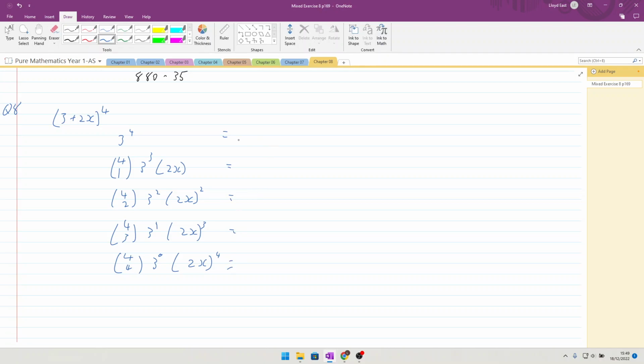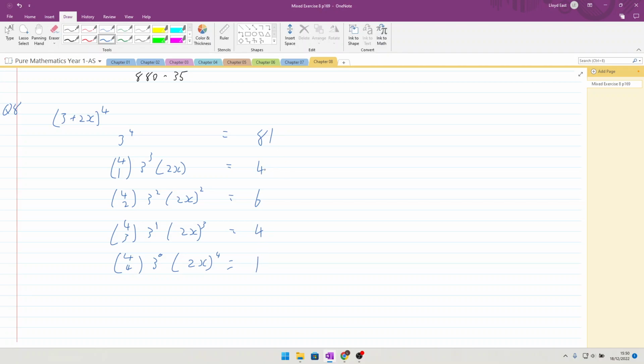So let's do the easy ones here. 3 to the power 4, okay, 81. Then the 4C gives us 4. When it's to the 2, it should give us 6. And then we're expecting to see another 4 on 4C3. We do, and then another 1 down here.